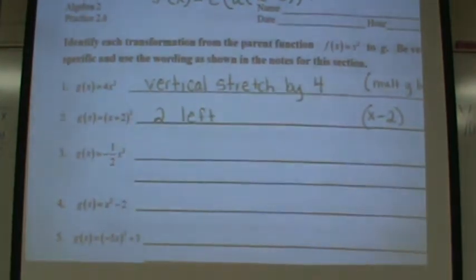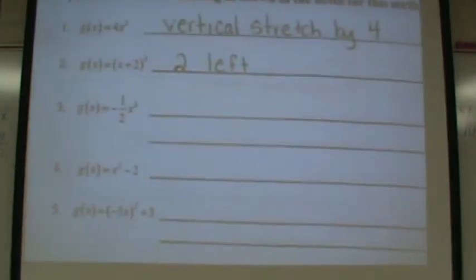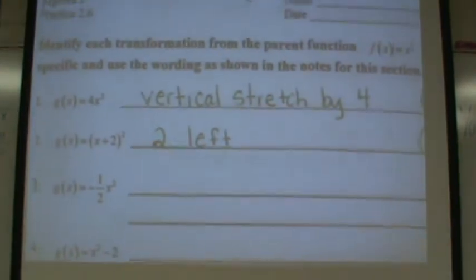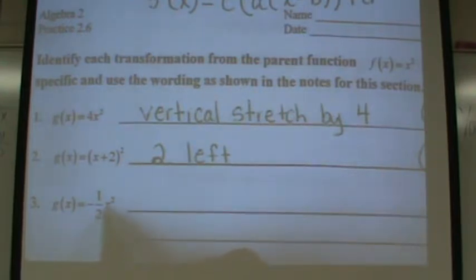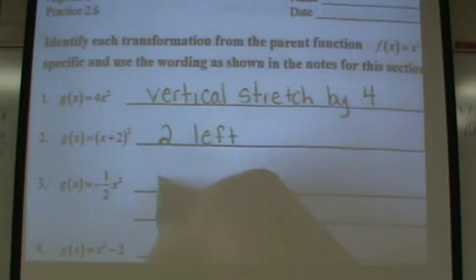Number 3. Look at it for a second. They're both C, because there's no parentheses. This is a C and that's a C. What are we going to say for the negative?